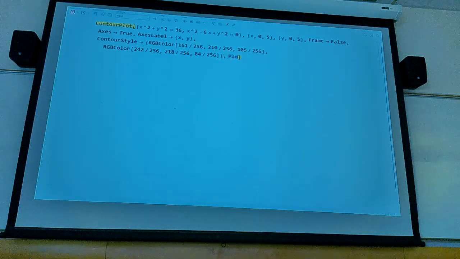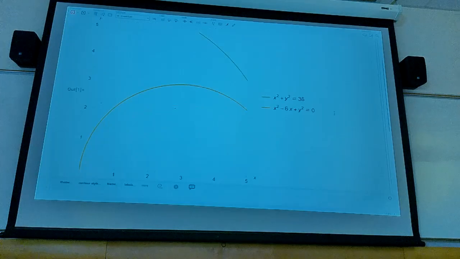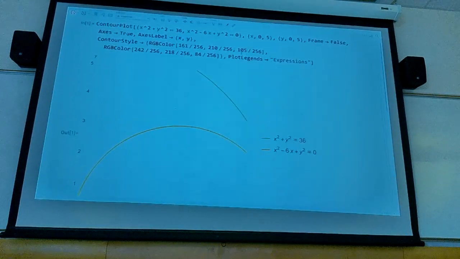I also want my legends and expressions. Let's see how that looks. Right, so it clearly didn't go out far enough.